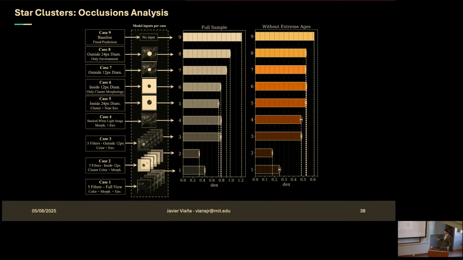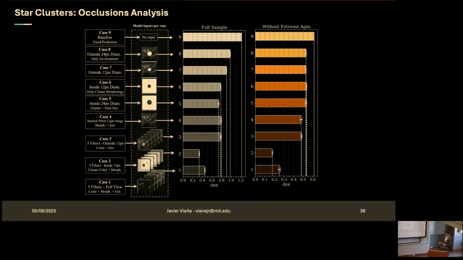Okay, so now let's do this comparison where I added a couple of cases here. The 5 filters with masking the environment and masking the star cluster. And then we have 2 examples, the full sample and the case without extreme ages.